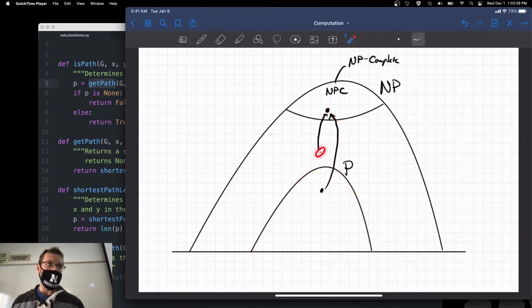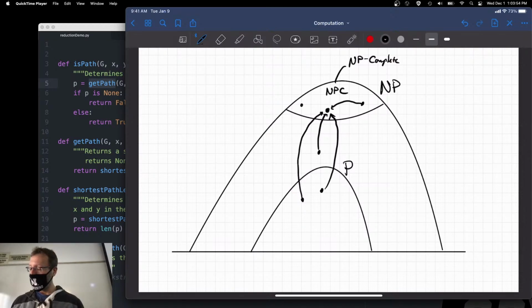Anything in this intermediate class, if there is such a thing, and we do know that if P is not equal to NP, then there are problems in this class called NPI, NP intermediate. Anyway, every problem reduces to this NP complete problem, including, by definition, all other NP complete problems.